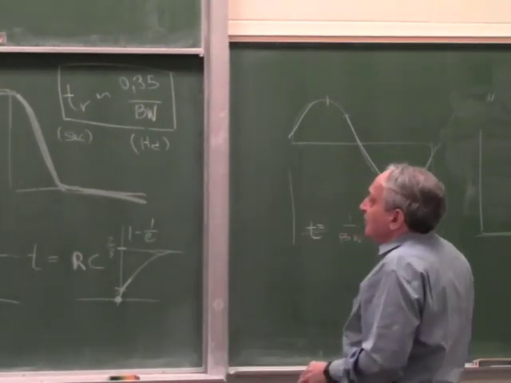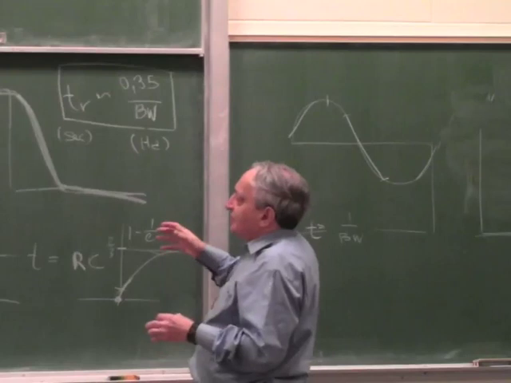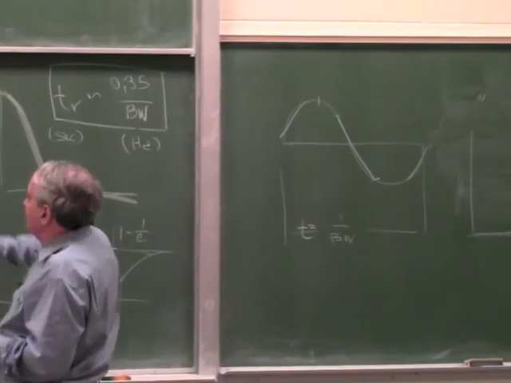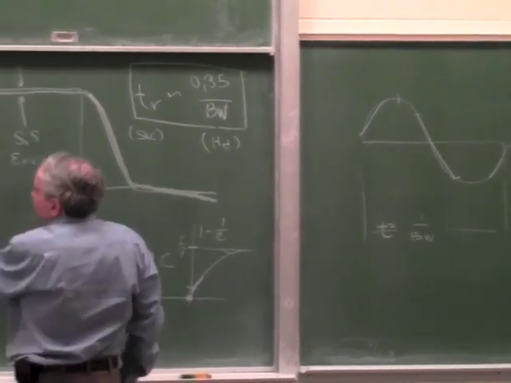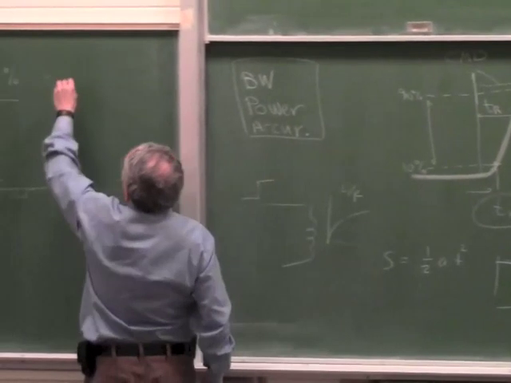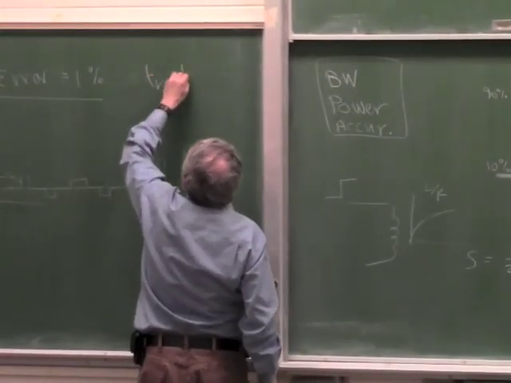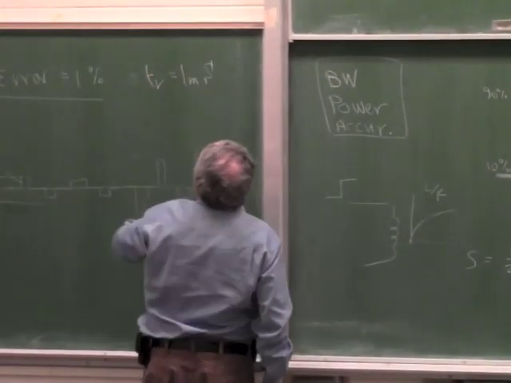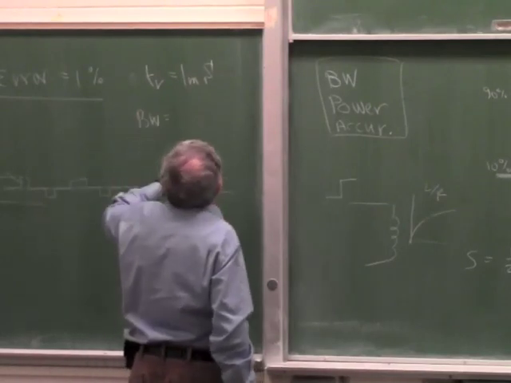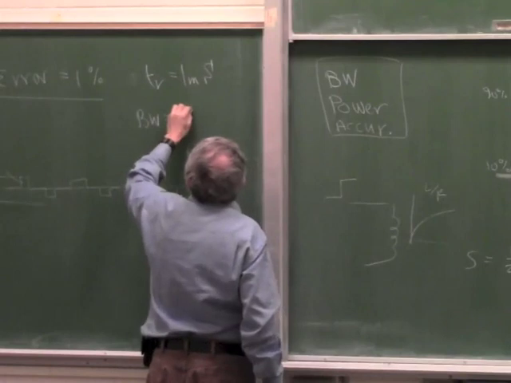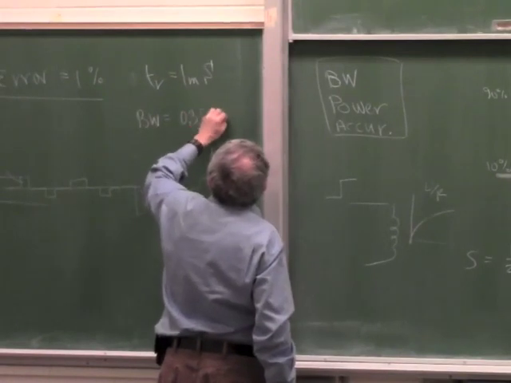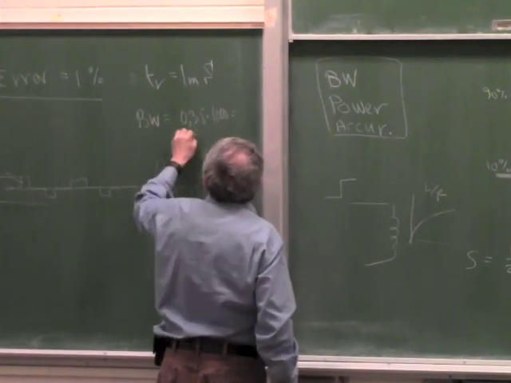When you're given this, the way you make these decisions, what system to build, you say, let's say this has to be 1 millisecond. Let's pick an example. If we were given a spec TR equals 1 millisecond, then the bandwidth we need is 0.35 times 1 over 1 millisecond times 1000, so it's 350 hertz.